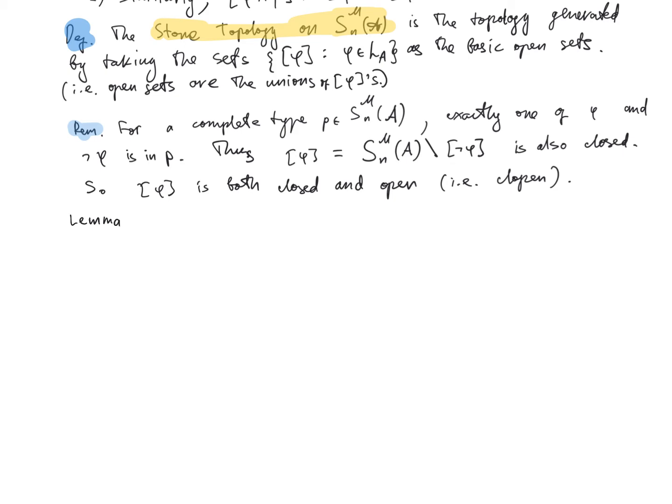We have the following lemma. 1. The space of types is compact. And 2.